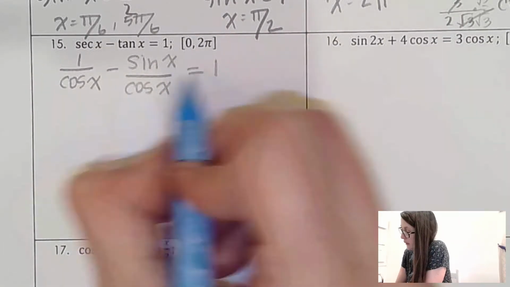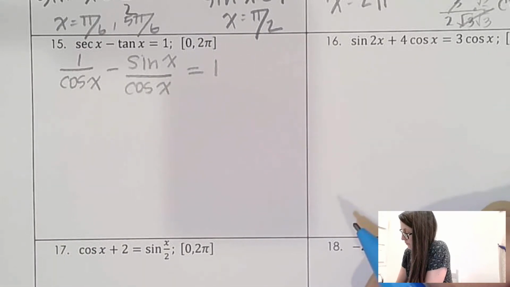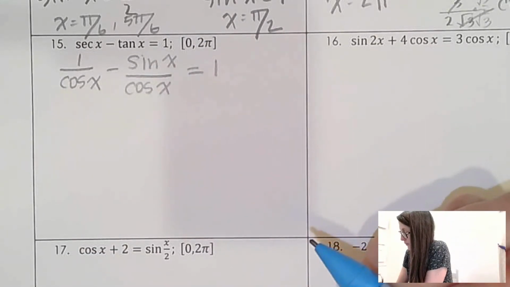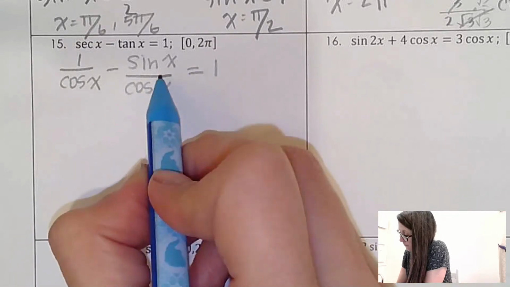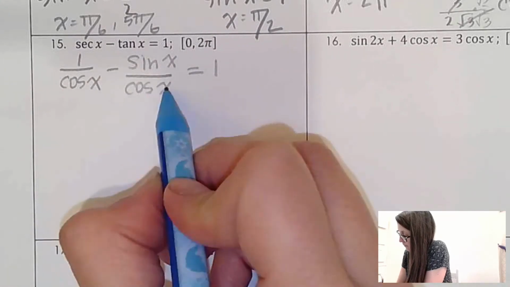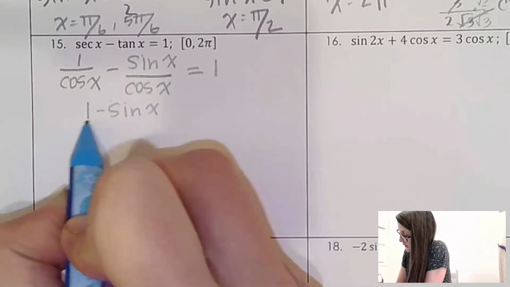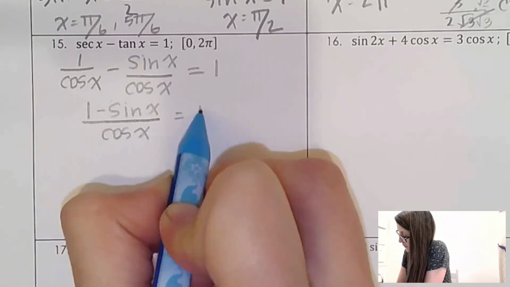If you get a common denominator here, or if you move the 1 over, so this will be 1 minus sine of x over cosine of x is equal to 1.